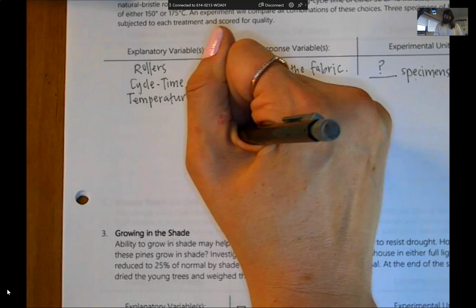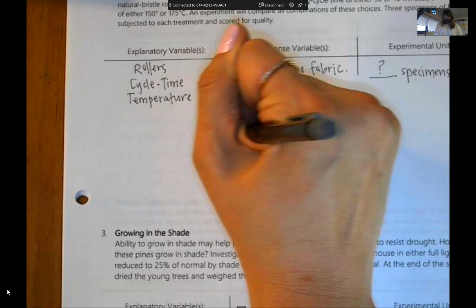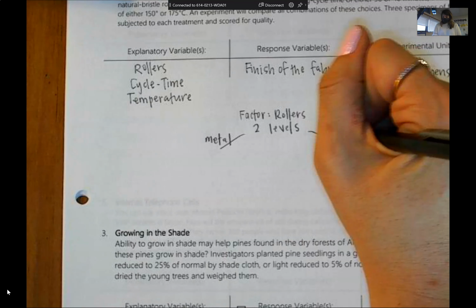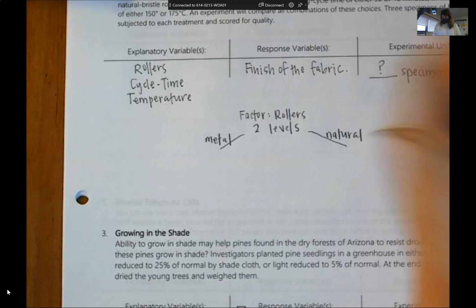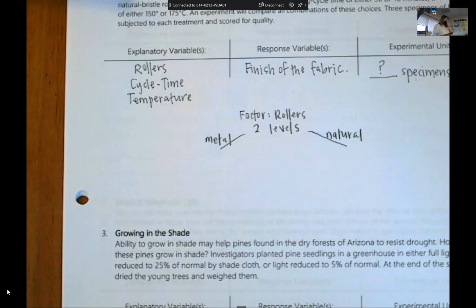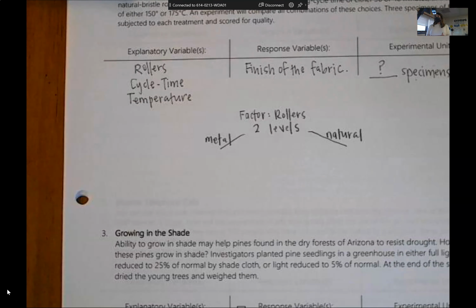The ones to the left will be the metal roller. The ones to the right will be the natural roller. So I take my first factor and I split them apart, because now I'm going to build 2 separate tables.